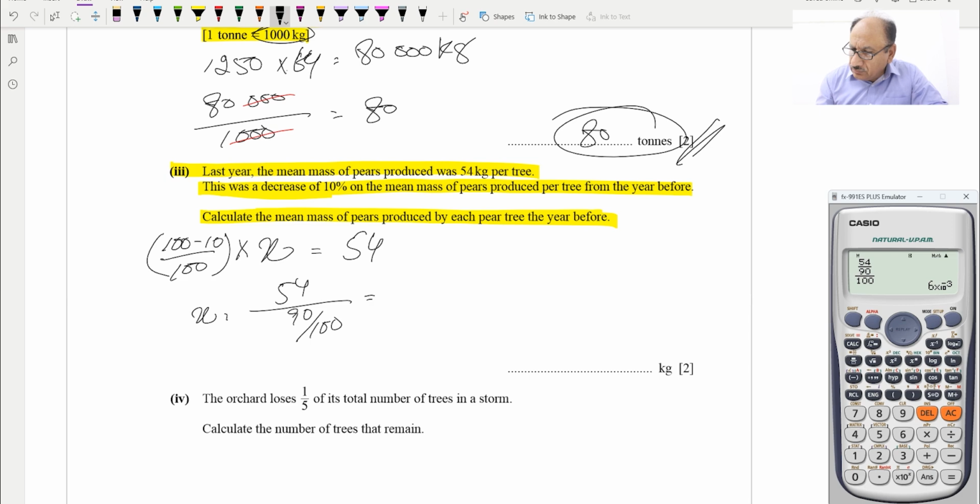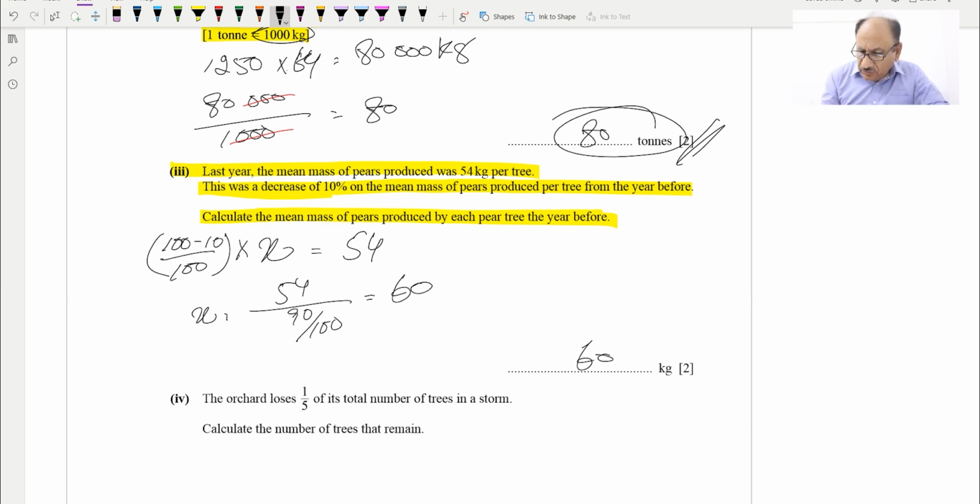We have made some calculation mistake. Let me redo. 54 over 90 over 100, and this results in 60. Yes, so this is basically 60 kg, and this was the average earlier, and this is for 2 marks.